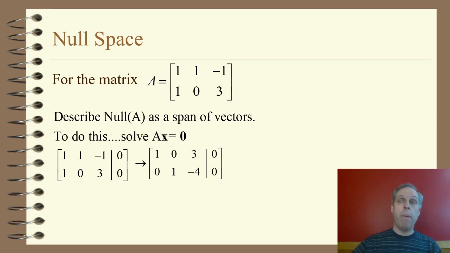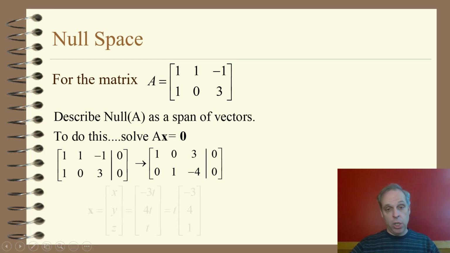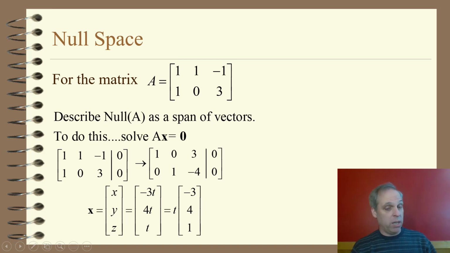From here, you go back and put it in terms of the original system. We'll say the variables are x, y, z. The vector x then has components x, y, z. You can then write that in terms of the free variable. You take that vector and pull out the free variable, the parameter, and notice that vector x is then multiples of the vector [-3, 4, 1].